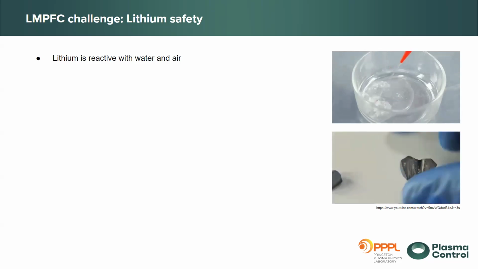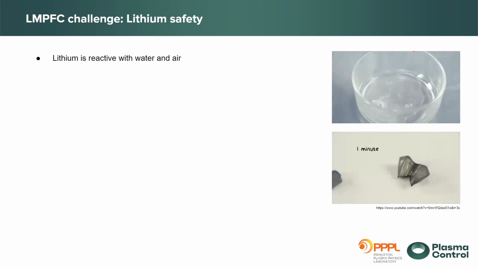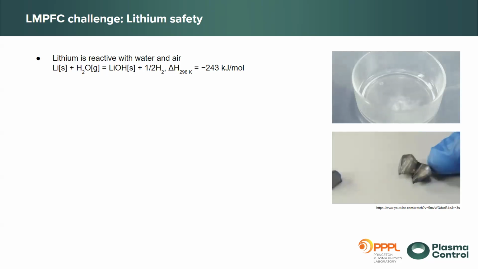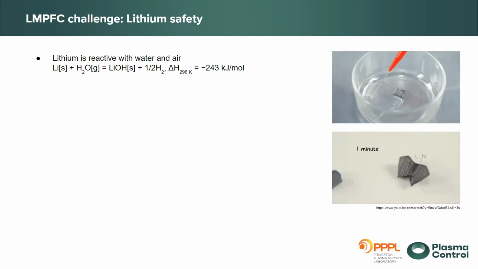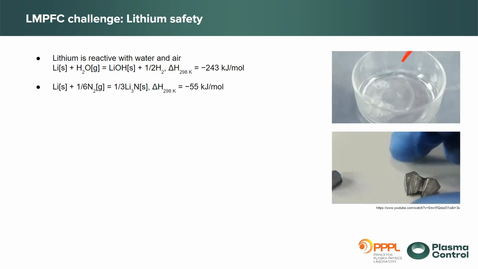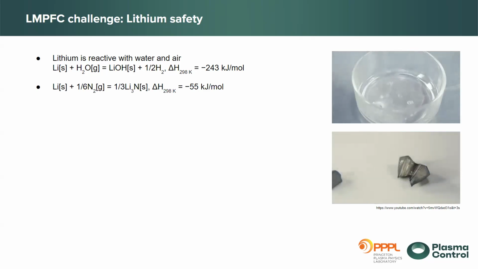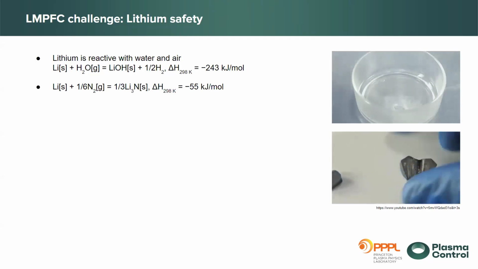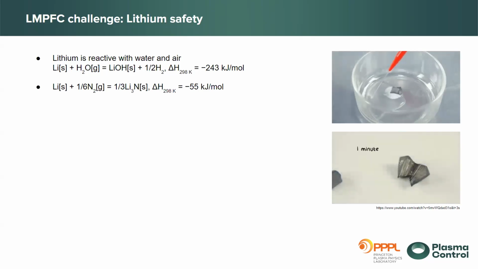Lithium, first of all, is reactive with water and air, especially moist air. You can see these are exothermic reactions that release about 243 kilojoules per mole. It also reacts with nitrogen. If you look at the videos on the right, the first one is the reaction with water.